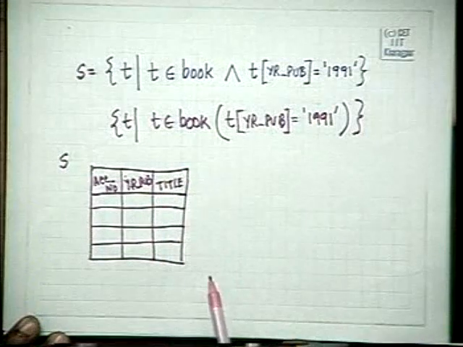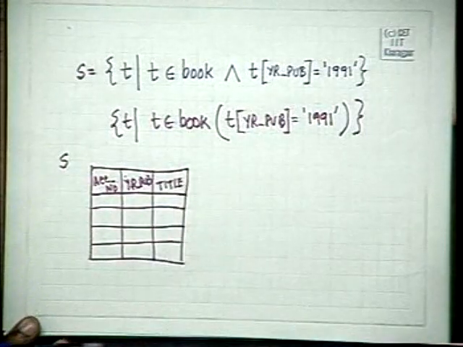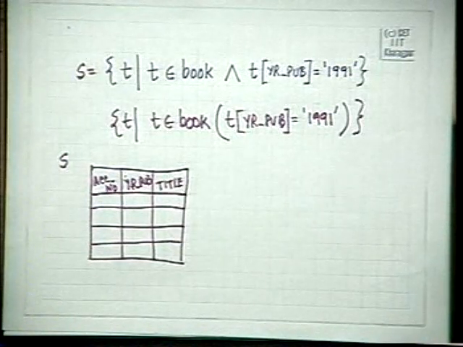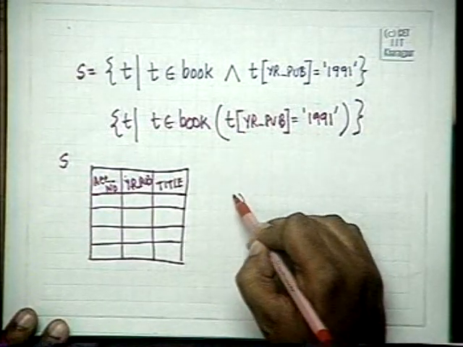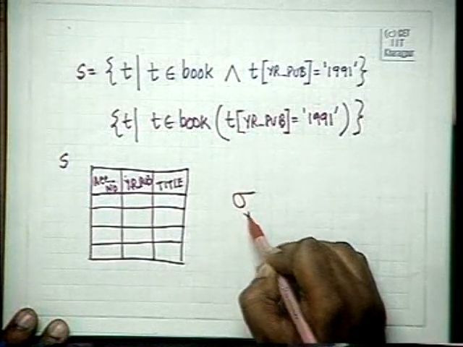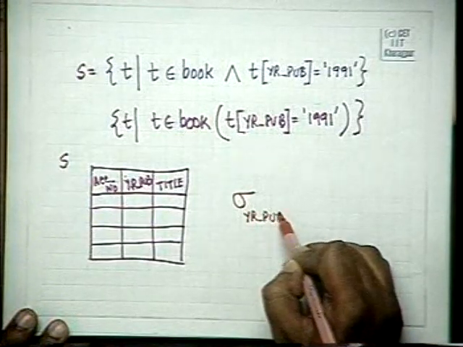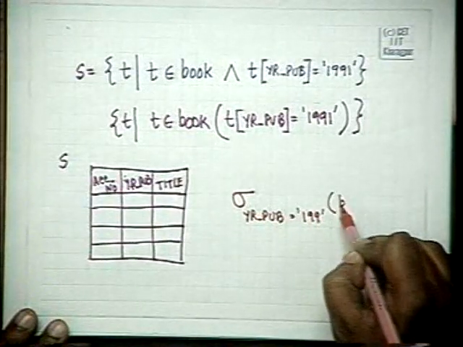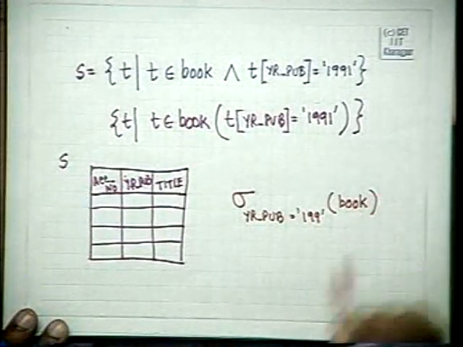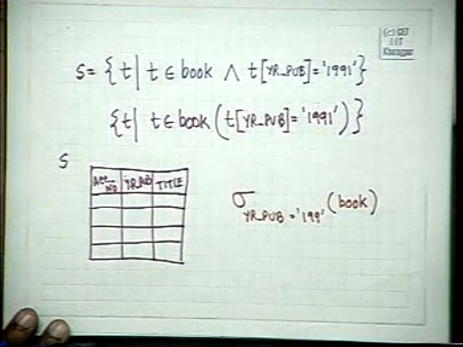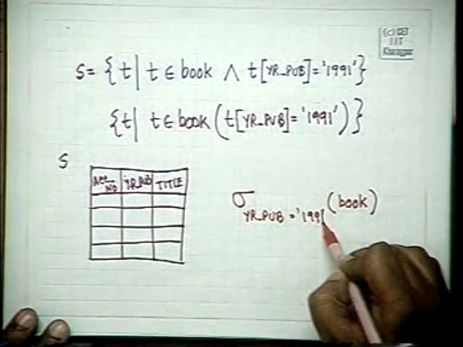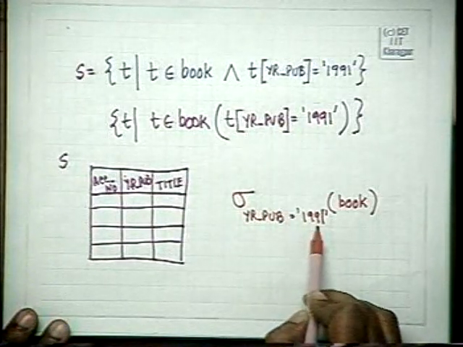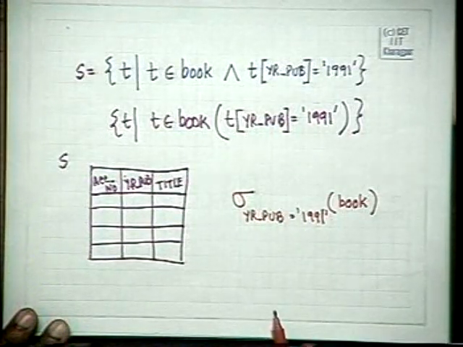Now let us see a few things regarding this. What is the equivalent relational algebra expression for this? The equivalent relational algebra expression for this is select year of publication equal to 1991 of book.